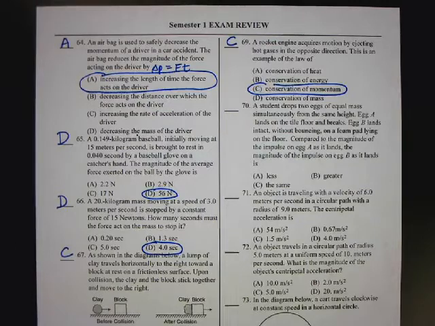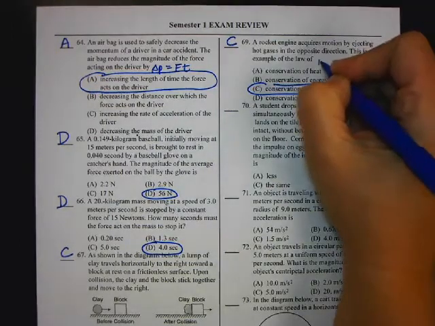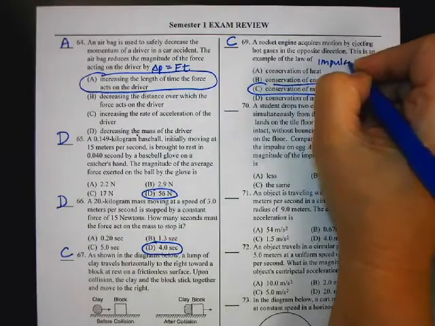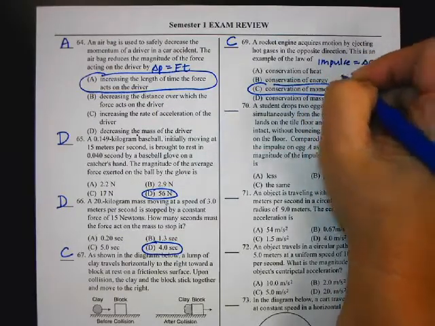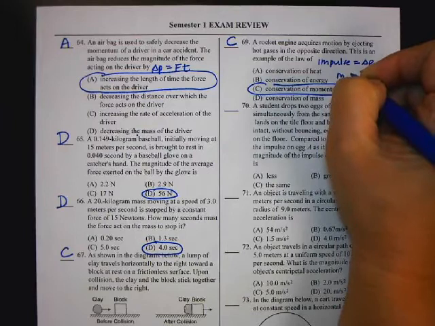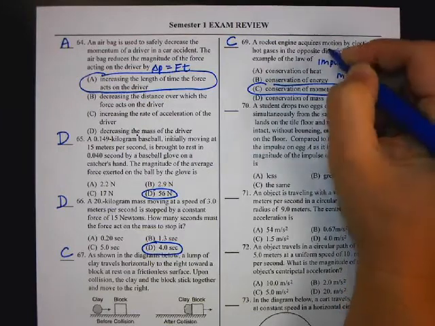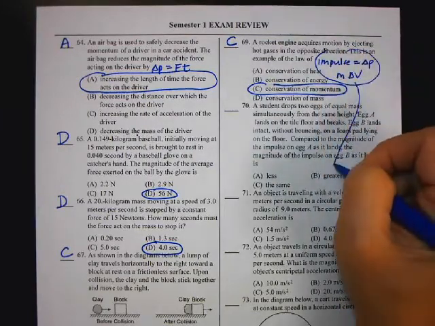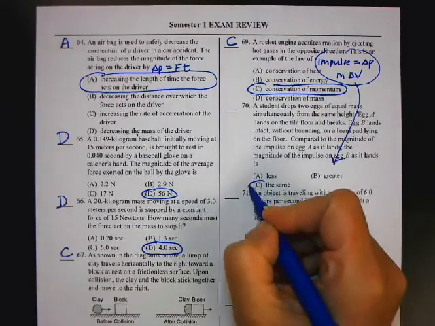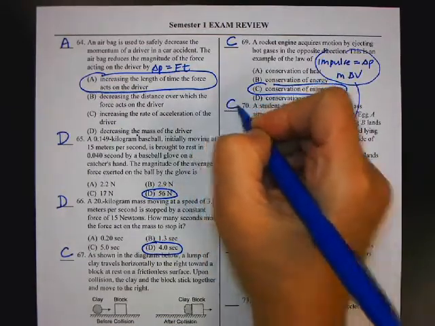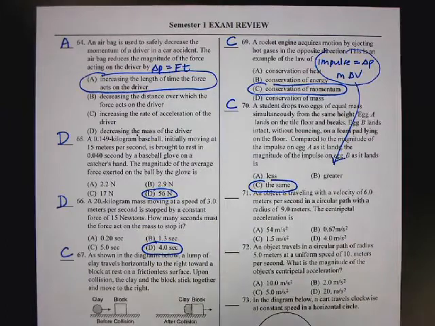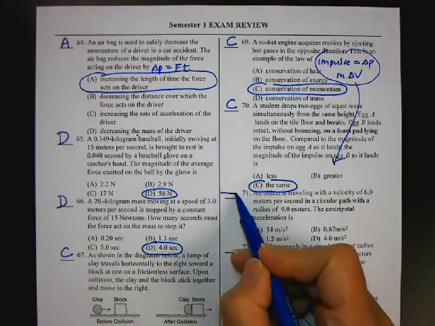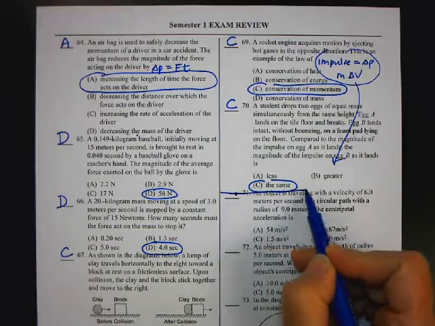Compared to the magnitude of the impulse on egg B, well, the impulse is equal to the change in momentum, which is m delta v. And I wrote this in the wrong place. That goes down here. So, again, this is going to be the same. All right. And that's the end of chapter 6.